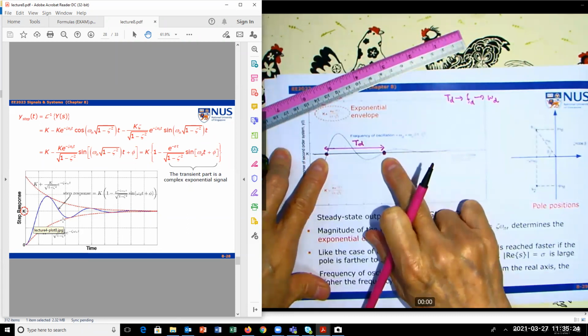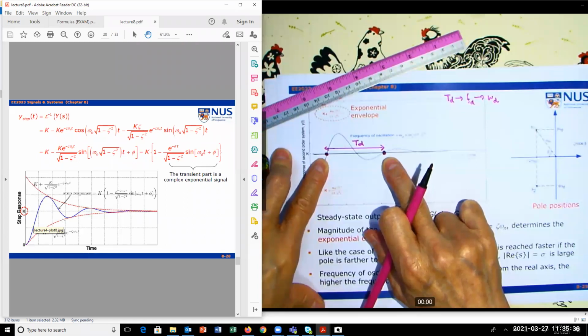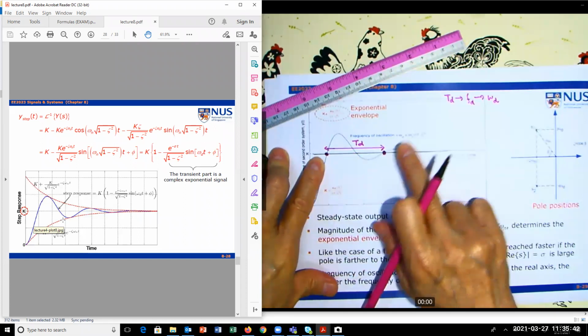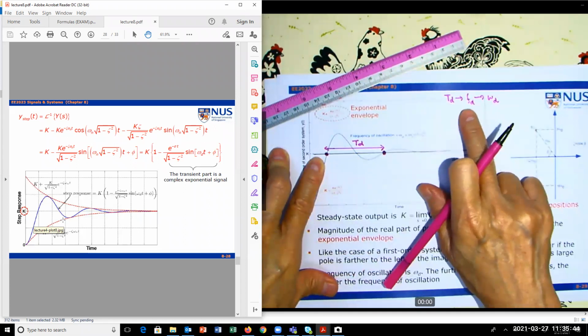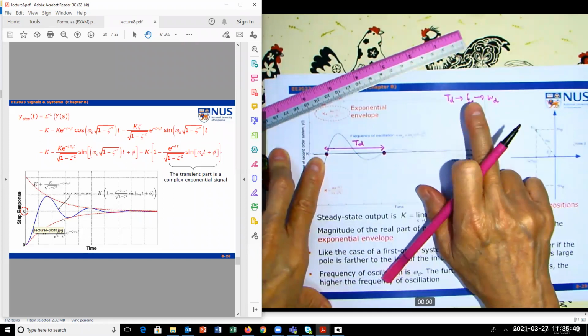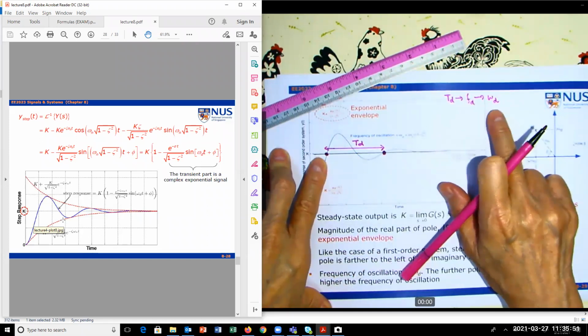That is one full cycle of the sine wave, isn't it? One full cycle means one period, so I call it T_d. If I know T_d, I can find the frequency f_d, which is 1 over T_d. Then I can find omega d, which is 2 pi f_d.